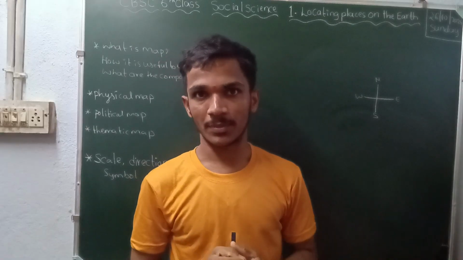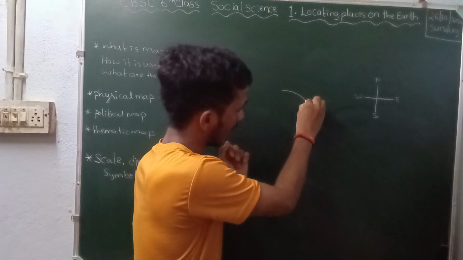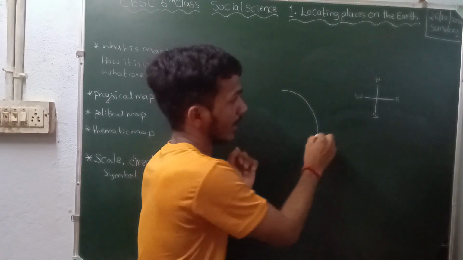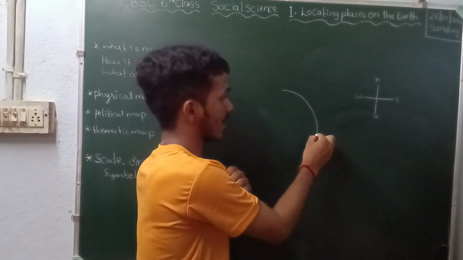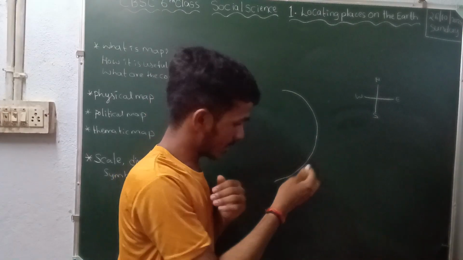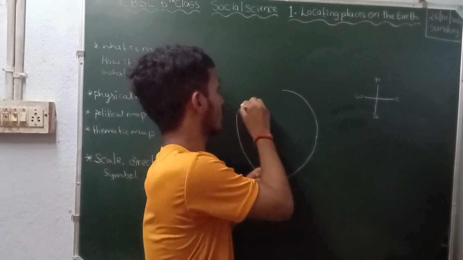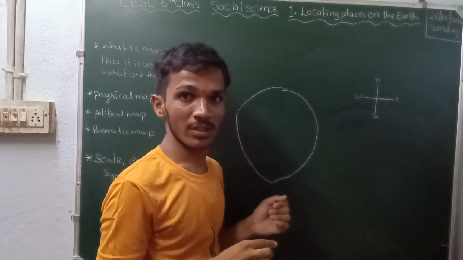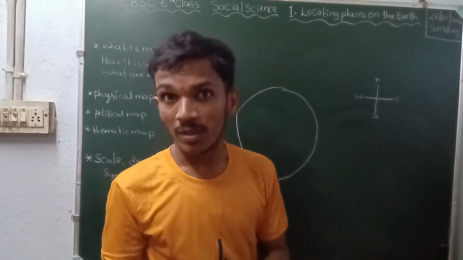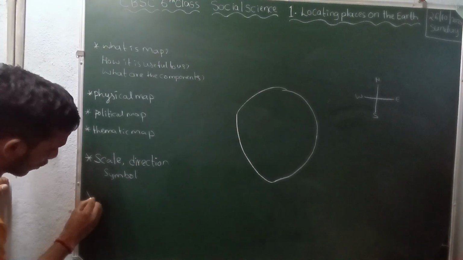While moving in the clockwise direction, it is the east location, then south, then west, and then again it comes to north. These are called cardinal points.